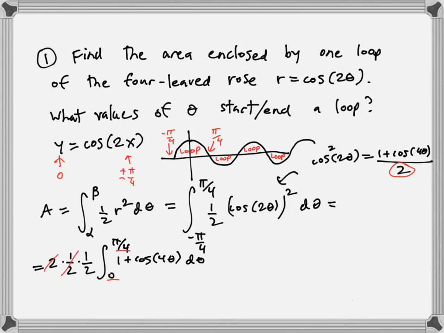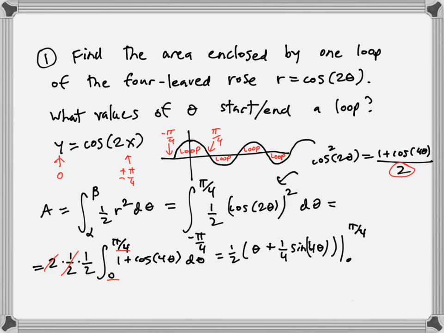So the 2 cancels out the 1/2, and I still have a 1/2. What do I have left in there? I have a theta plus, and then the integral of cosine of 4 theta is 1/4 sine of 4 theta. And we're going from 0 to pi over 4. If we plug in 0, everything's 0.